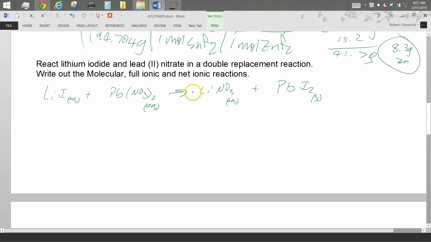So I'm going to need a 2 here to balance that out. So these are reactions that happen in water, hence the full ionic and net ionic equations. How do I know that the lithium iodide is aqueous?